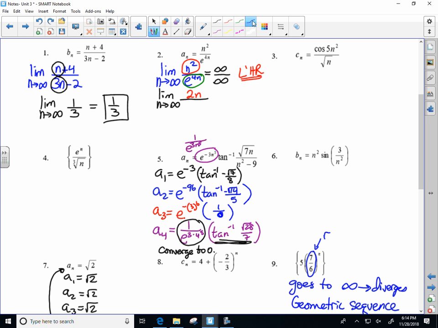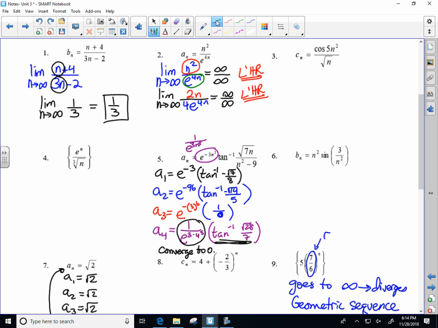Seems to actually break rules of differentiation, but it works. Plug your infinity in for n, still infinity over infinity. That's great news. It's not the answer, but it tells us how to go about getting the answer using L'Hopital's rule.